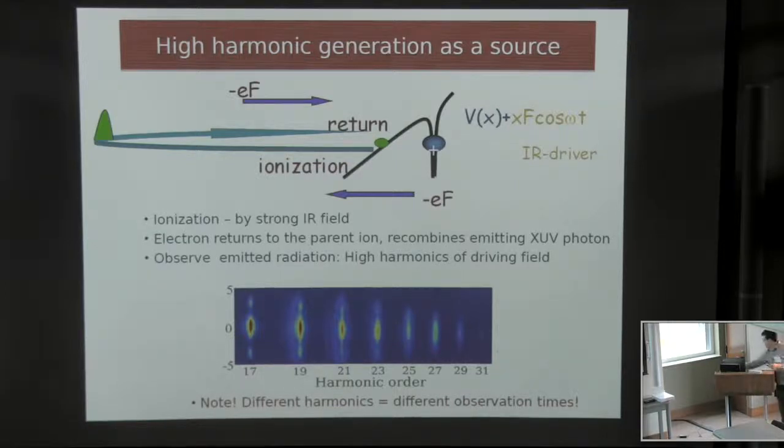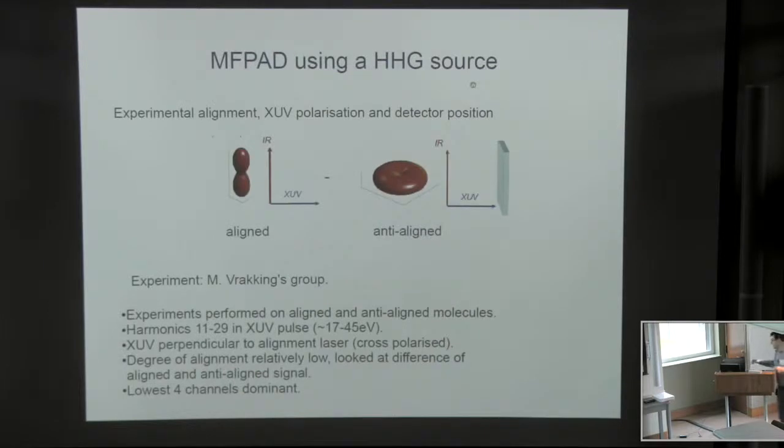So let's look at some experimental details. In this experiment, firstly they align their molecules, and they have two different alignments, what they call aligned and anti-aligned.